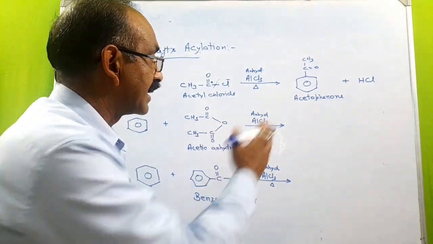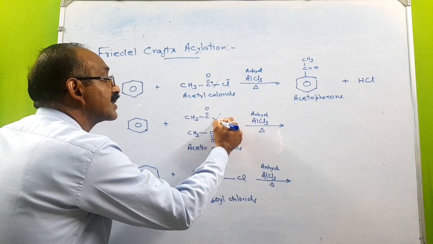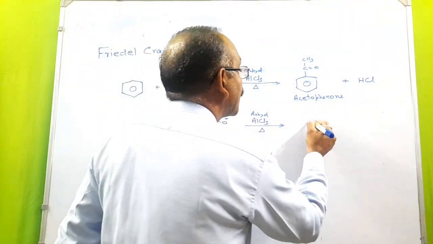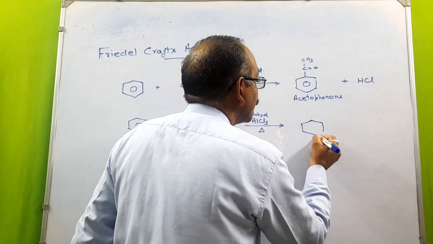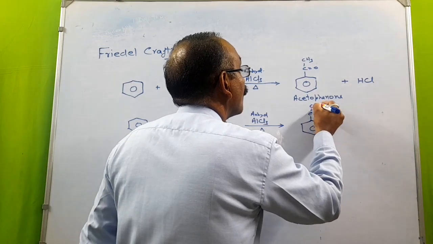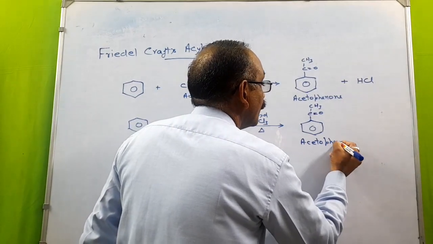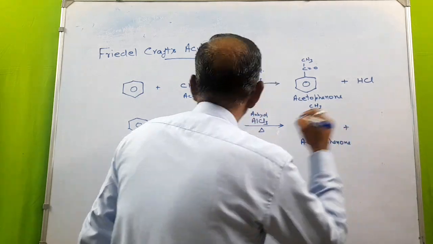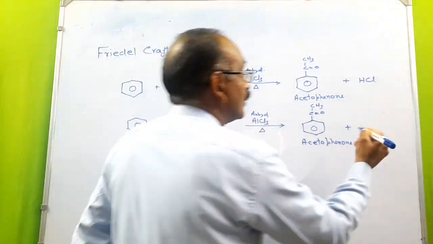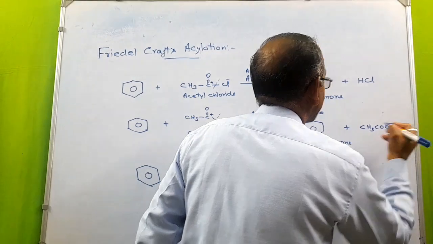ketone, that is acetophenone. Similarly here this carbon oxygen bond breaking occurs, and now this acetyl group will replace the hydrogen from the ring, and we obtain acetophenone, and the hydrogen which is replaced from the ring combines to the CH3COO and sets free as CH3COOH.